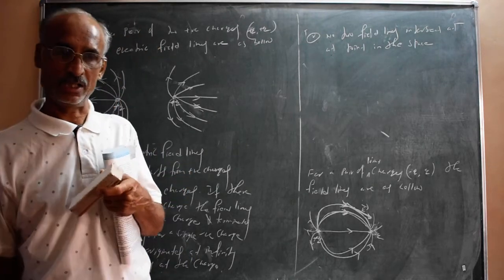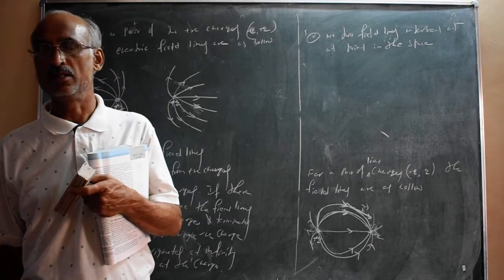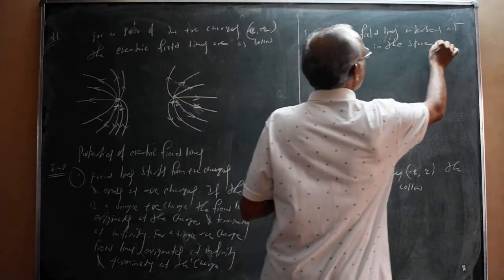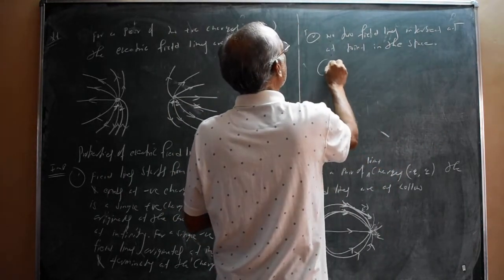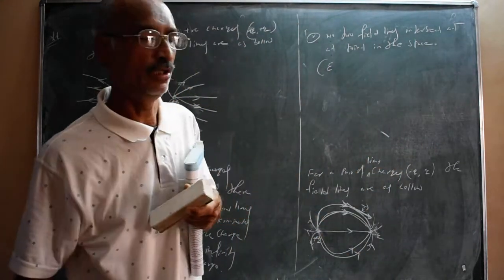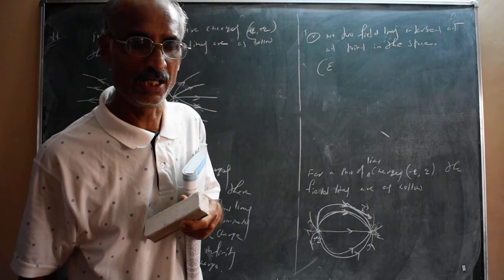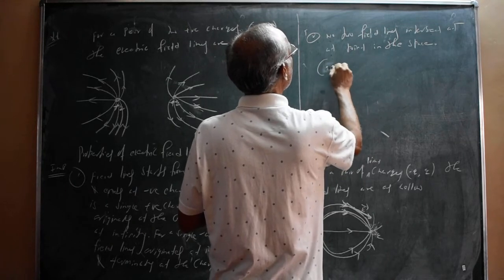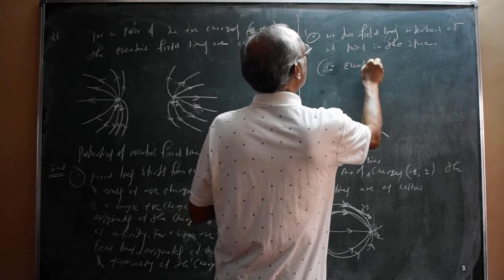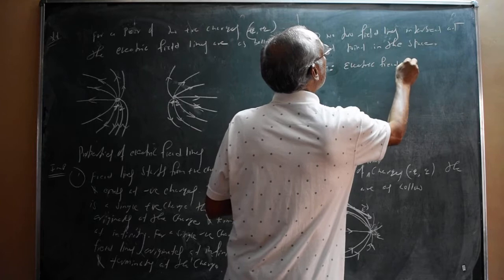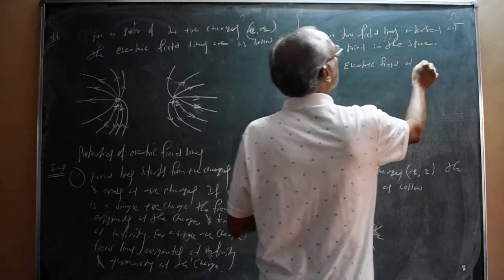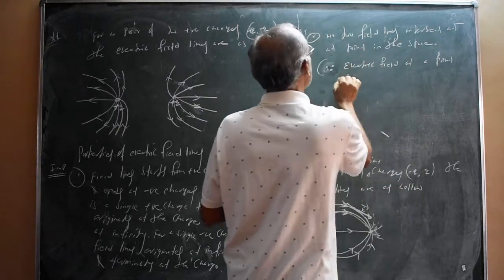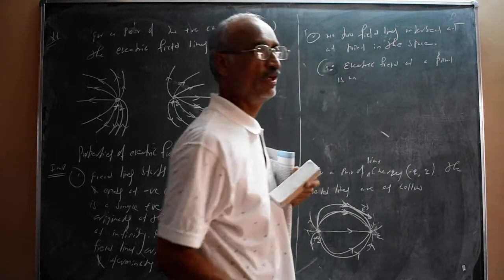Why won't they intersect? Because the electric field at a point is unidirectional, because the electric field is a vector quantity.